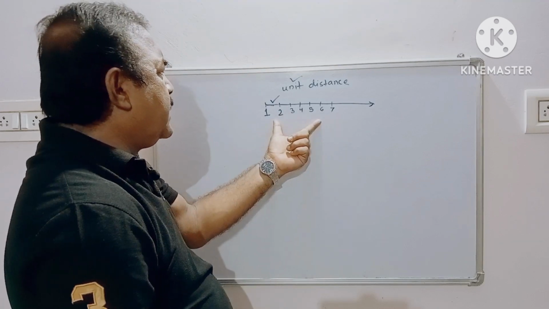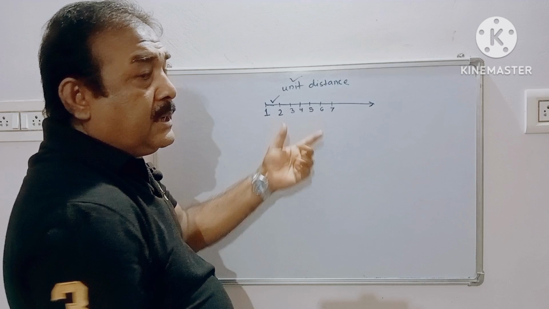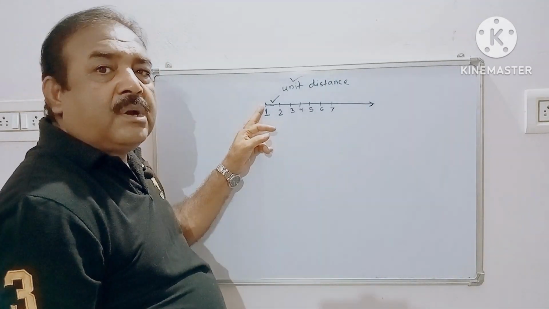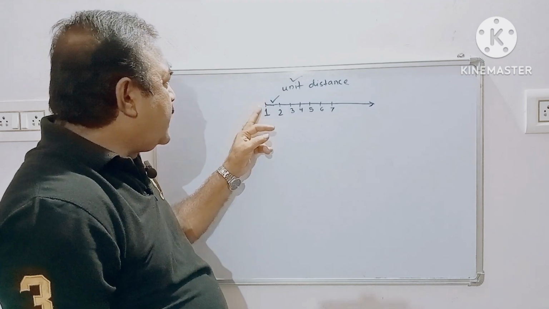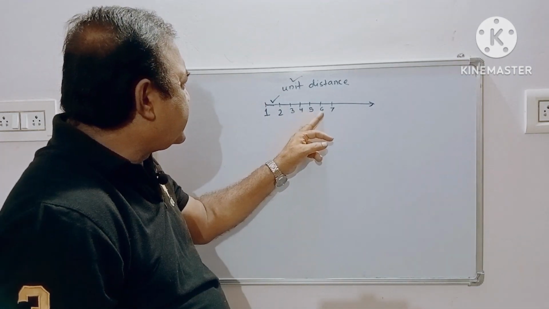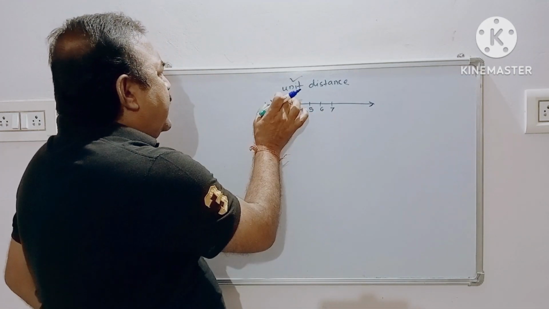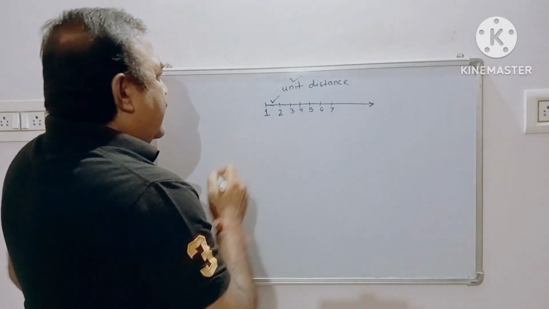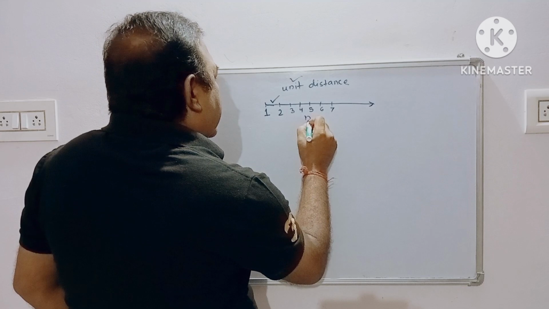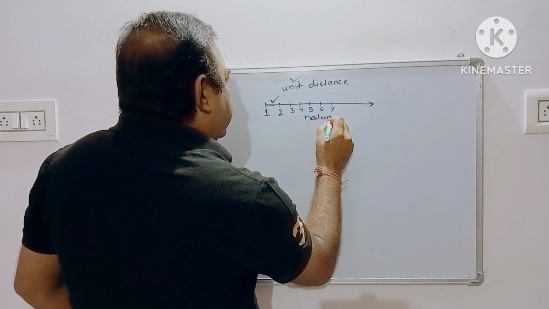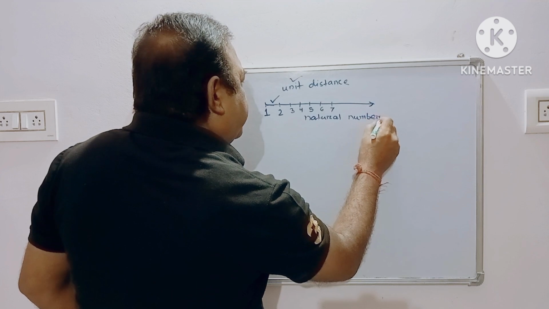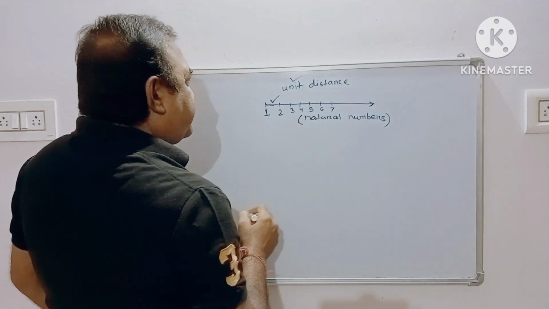There is no zero, so we have started from 1. So 1, 2, 3, 4, 5, 6, 7, these are the unit distances, and these are for natural numbers.